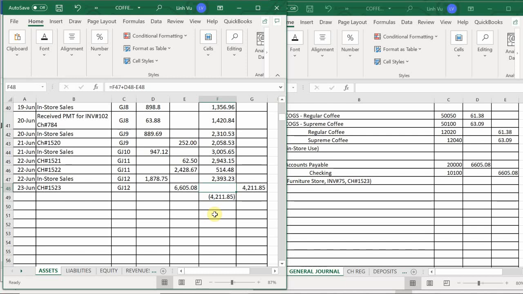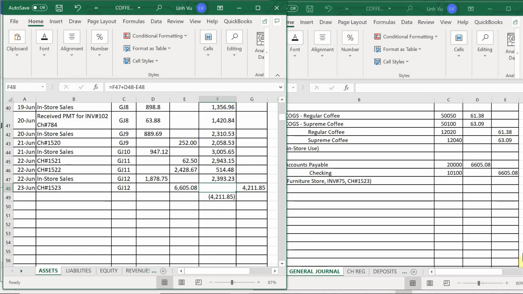We don't know until a couple of days later until they actually submit the check in. So in this case, we are fine. We're not going to get charged right away until the vendor receives the check. But obviously, we wrote it out. So in our books, it reflects that we have a negative balance, but we know that's not true. Okay? So there we have it.